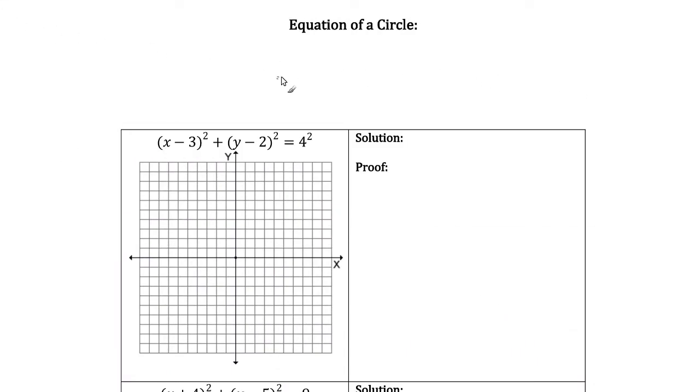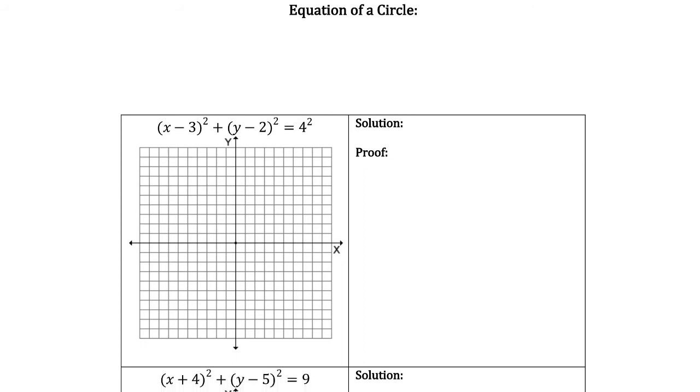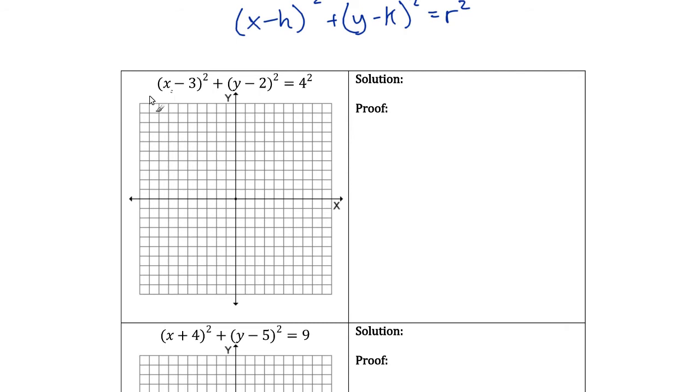All right, so let's write the equation right here. x minus h squared plus y minus k squared should equal r to the second power, r squared. So it says negative 3, negative 2. In fact, that's going to be a positive 3 and a positive 2 because you took them away and they look the opposite.